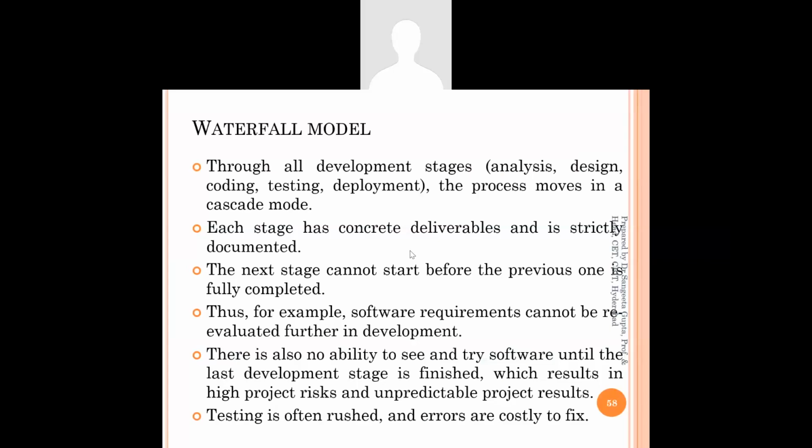Each stage in turn gives some sort of concrete deliverable, and even the inputs which are taken in each stage are documented thoroughly. The next stage cannot start before the completion of the previous stage.